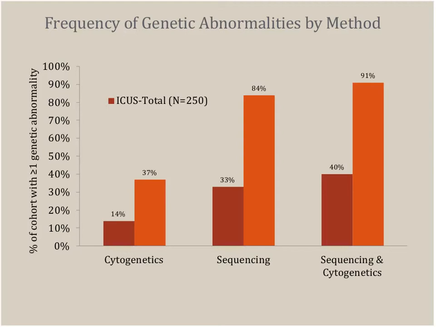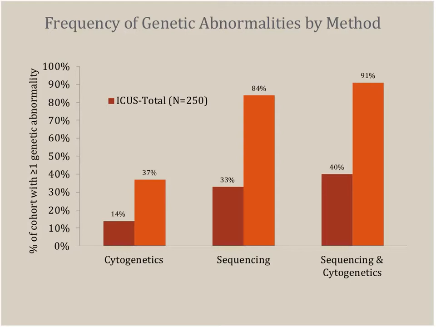When sequencing was looked at, it identified a larger group of patients who had a genomic abnormality, in a much higher percentage of patients. So it identified a much larger patient population than cytogenetics alone would identify. When the two were combined, cytogenetics and next-generation sequencing, you can see that it really doesn't add much more to sequencing alone.